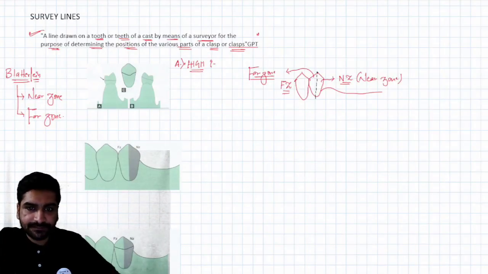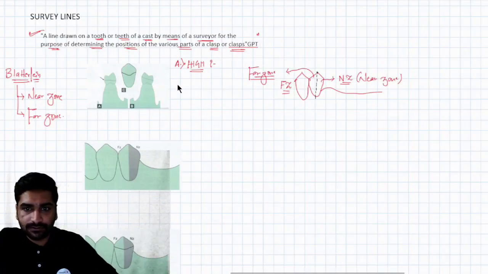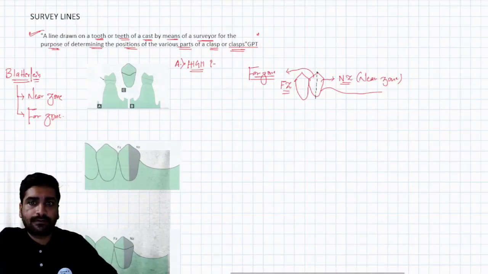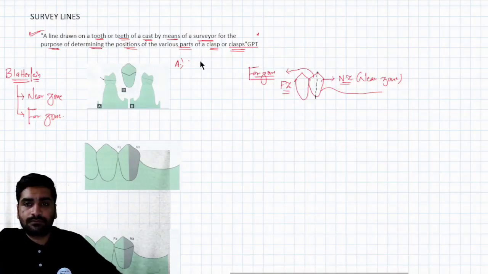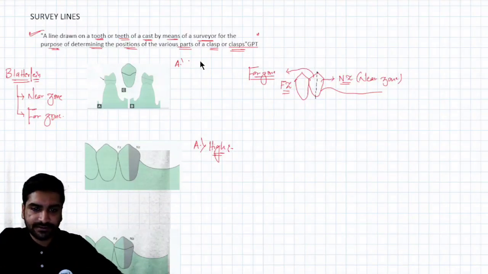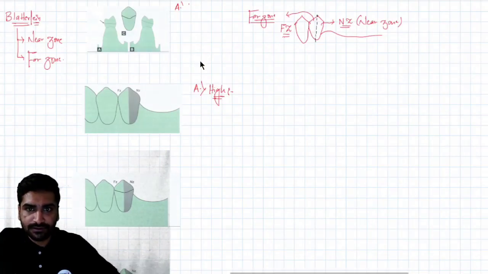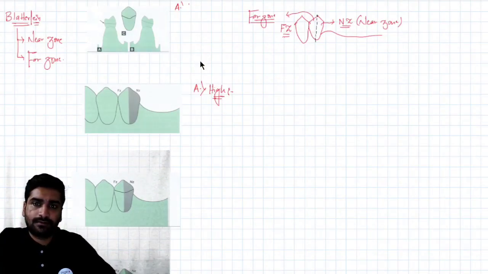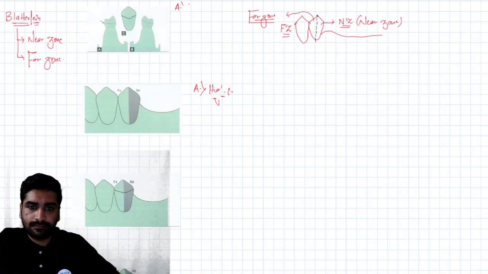So high survey line means, over here, this one is the high survey line diagram.